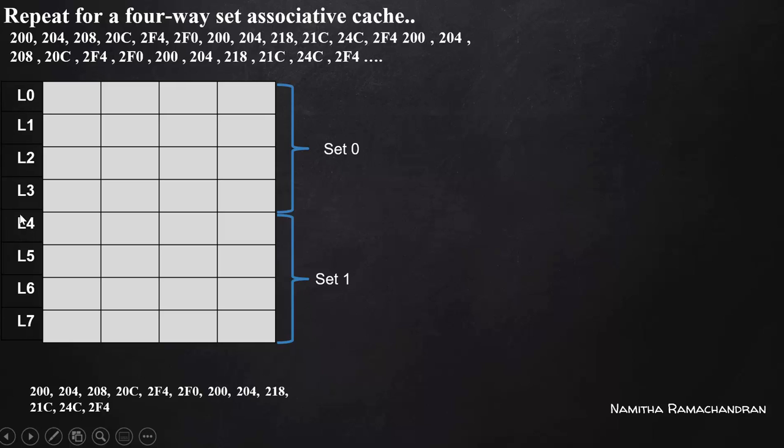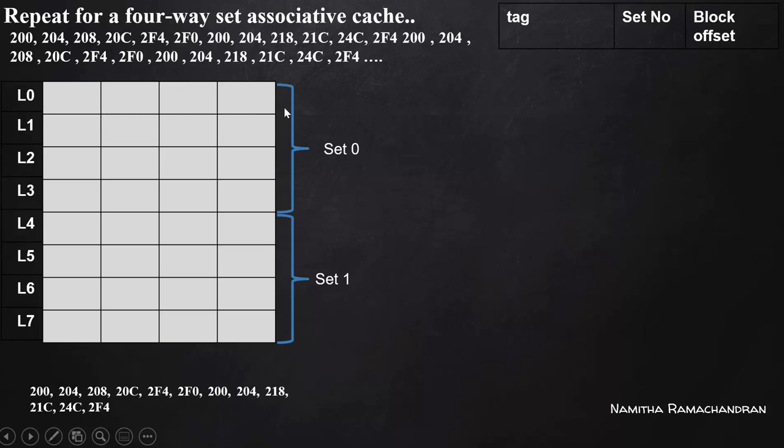In set 0, 4 lines: line 0 to line 3. In set 1, line 4 to line 7. We need to repeat the sequence 4 times and follow 4-way set associative cache mapping. For this, we need to identify the block offset part, set number part and tag field. Total physical address contains 12 bits. In each cache line, how many bytes are present? 4 bytes.